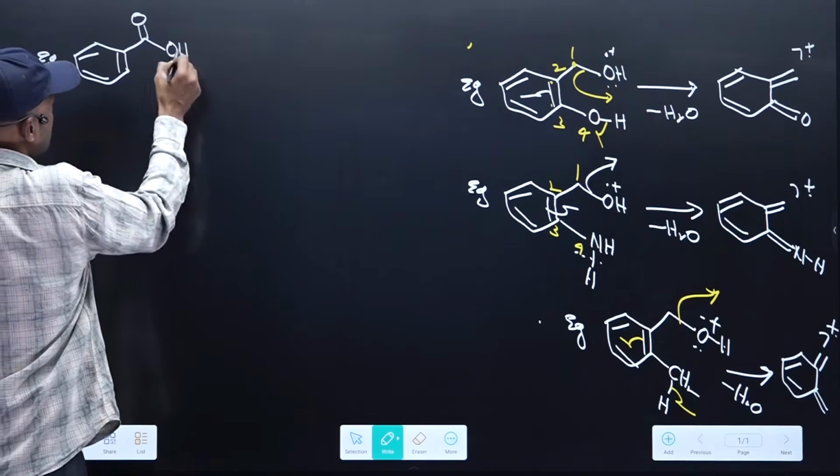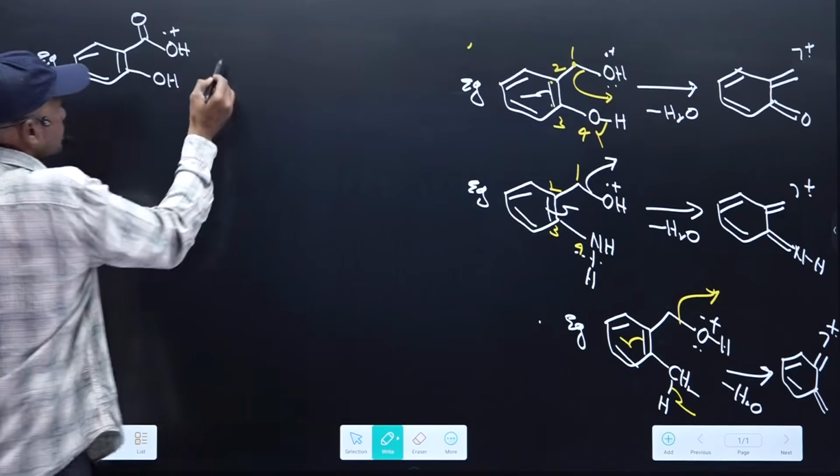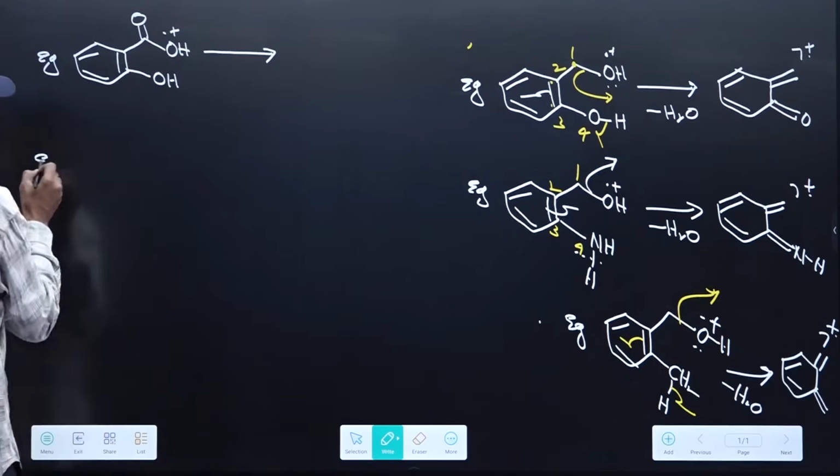This is a carboxylic acid, and this is OH. Here radical cation. Right, ortho elimination.